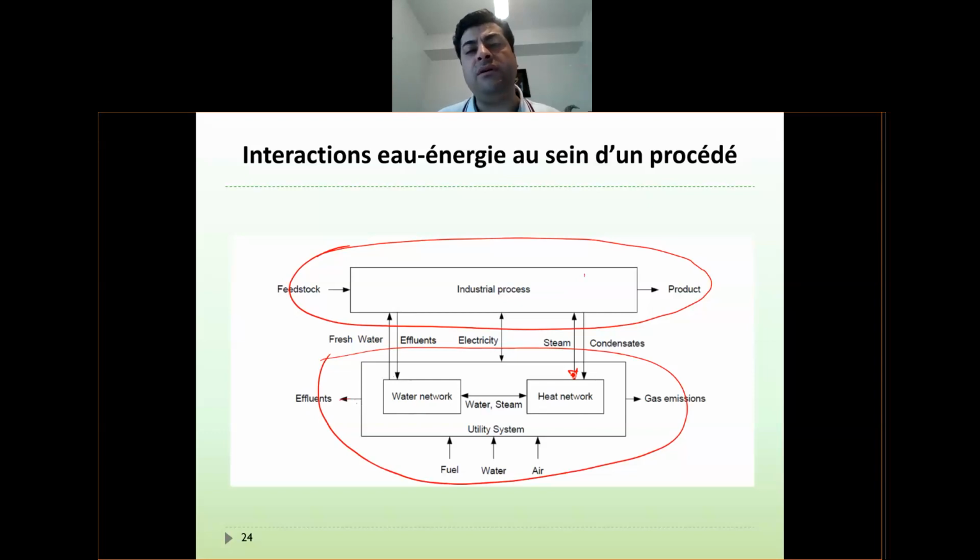And even though you can do these kinds of integrations, heat integration or water integration, your utility will still be quite complex. So this is the vision, and we have to step by step identify how to optimize our process in terms of energy and water.